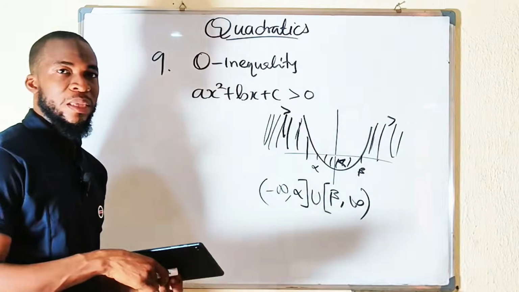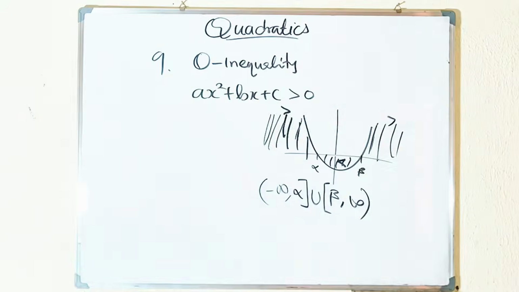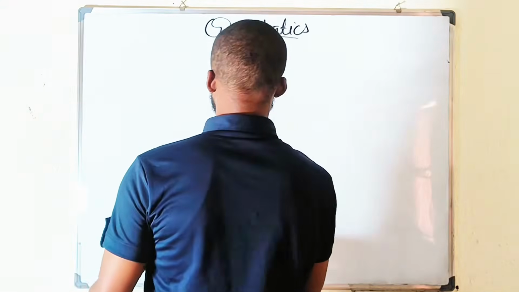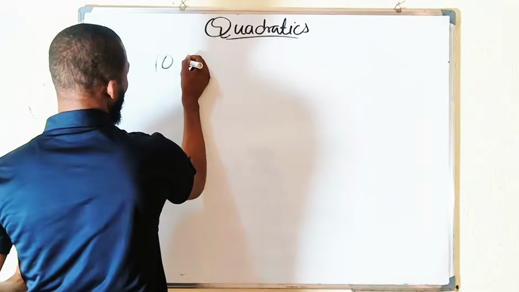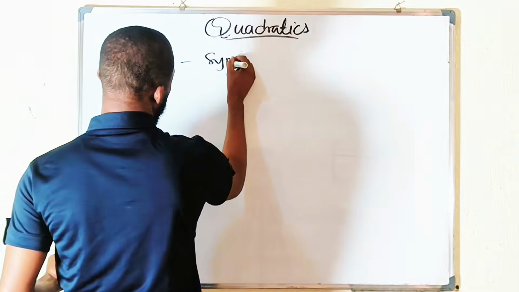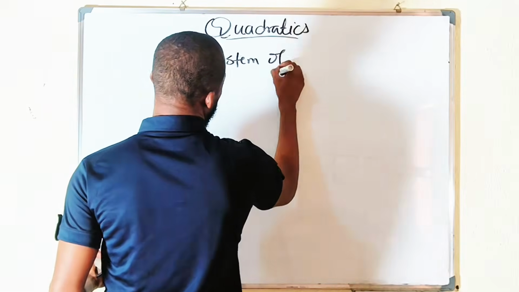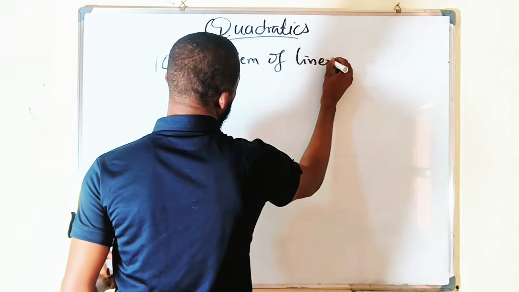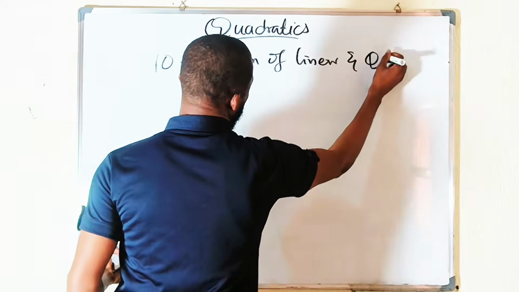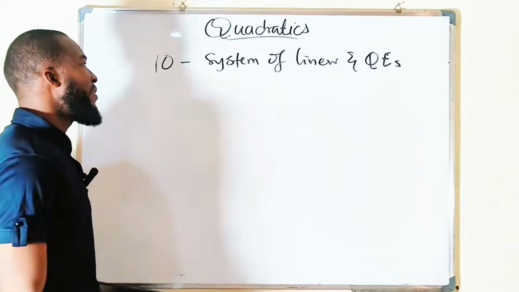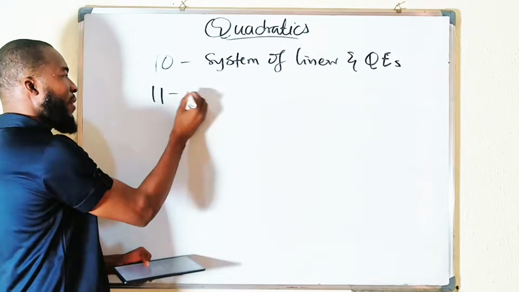In that case, you get pairs of solutions. I don't have to show you how to solve them, but they should learn how to solve systems of linear and quadratic equations.